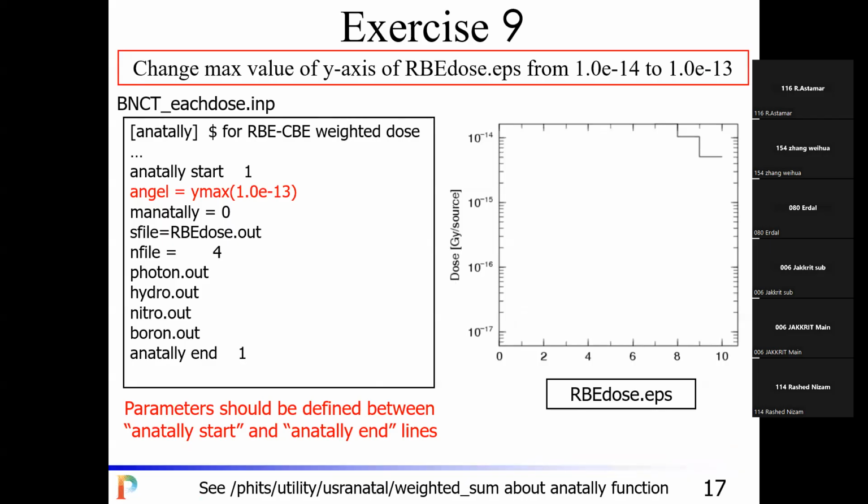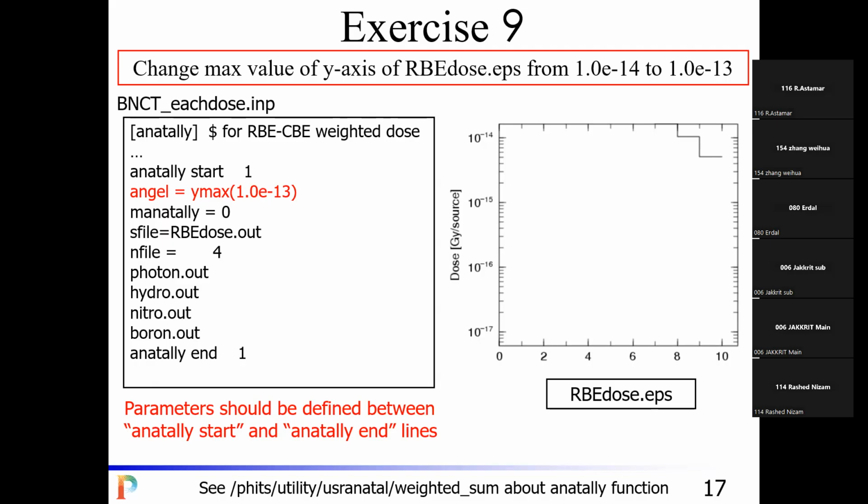So the next one is to change the max value of the y-axis of the RBE dose EPS from 10 to the minus 14 to 10 to the minus 13. So in the same way as the other tallies, you can use the angel command. The angel command just changes the EPS file.